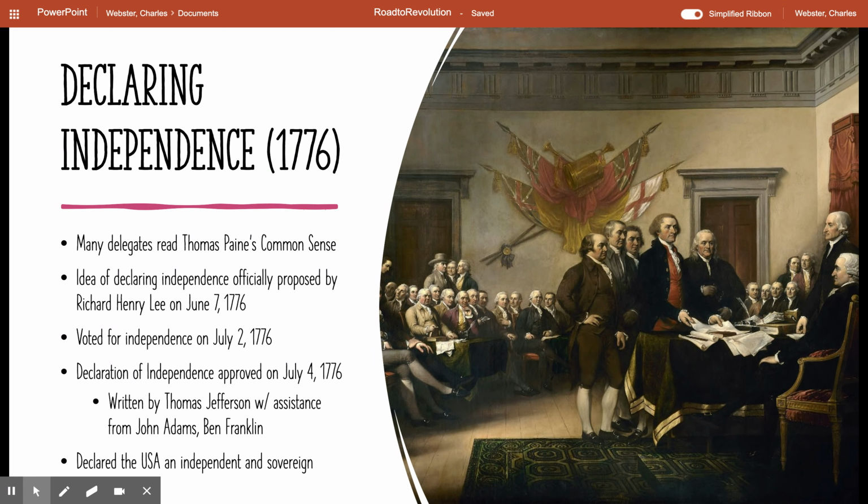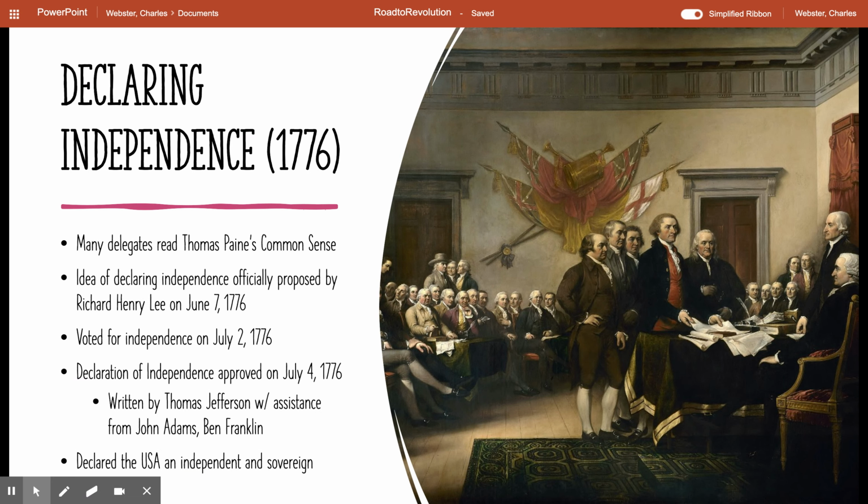And the next month, the Congress voted for independence on July 2nd, 1776, right? And then the Declaration of Independence itself, which stated the reasons why, wasn't formally declared and approved until July 4th, 1776. And that's when we formally told England and the king why we wanted to be independent, which is why July 4th, 1776 is our Independence Day.